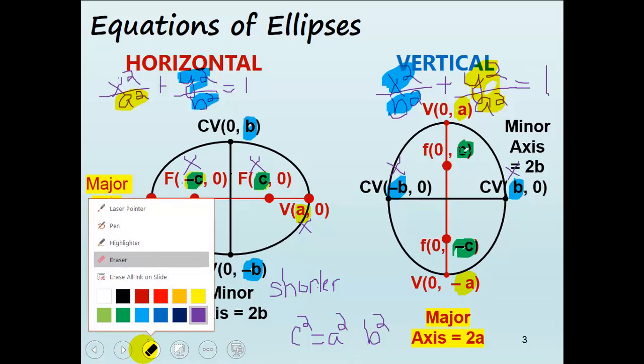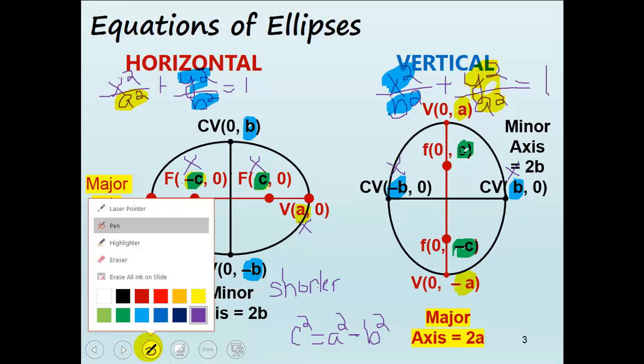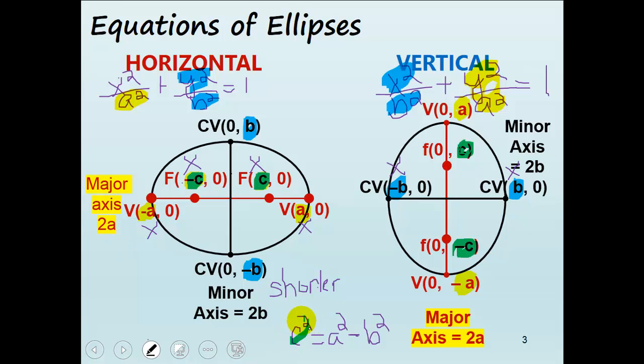Sorry, I go into Pythagorean theorem mode there. And this c squared corresponds to these c's. So these c's right here are the square root of this number, right?